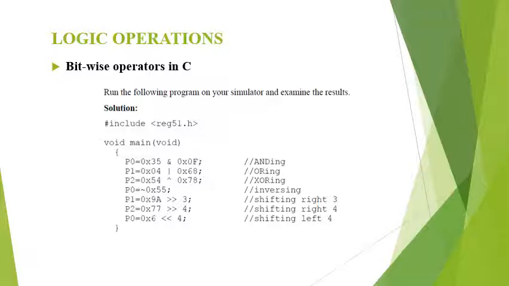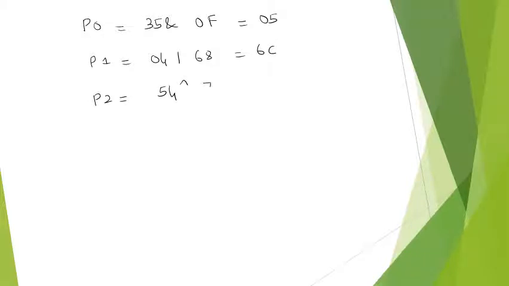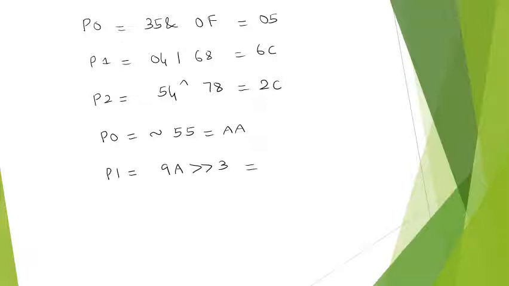So we have the output: P0, that is 35 bitwise AND with 0F, as 05, and P1 04 OR with 68, that is 6C, P2 54 XOR 78 as 2C, P0 inverse of 55 as AA, P1 9A after shift right 3 bits as 13, P2 77 after shift right 4 bits as 07, P0 06 after shift left 4 bits as 60.